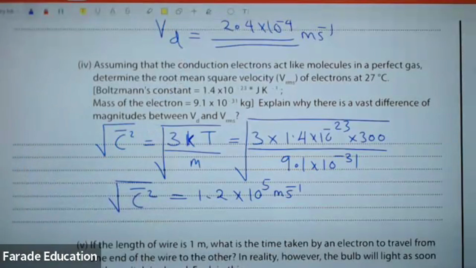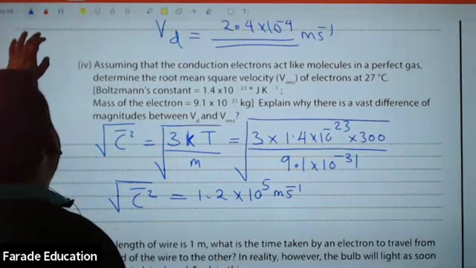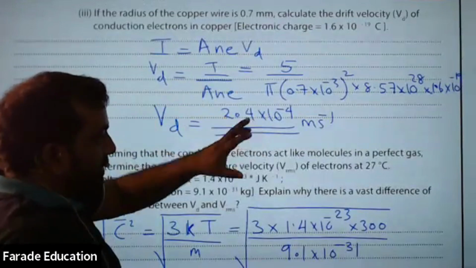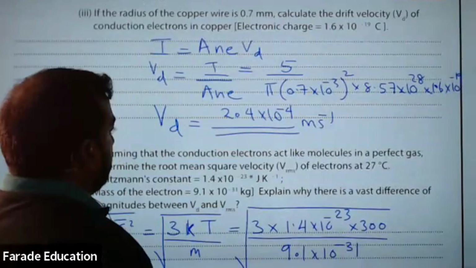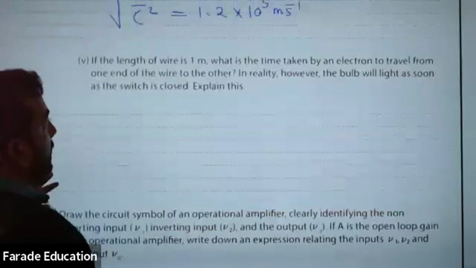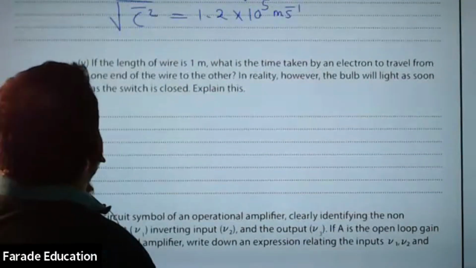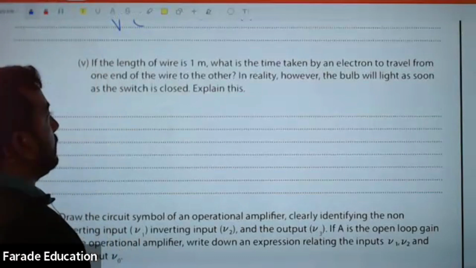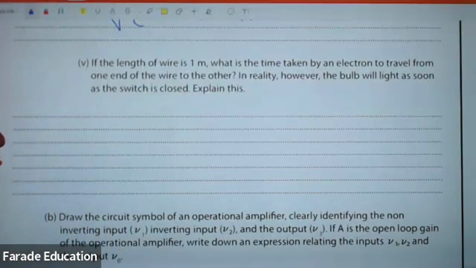But in drift velocity, we measure how electrons travel inside a conductor due to an electric field.